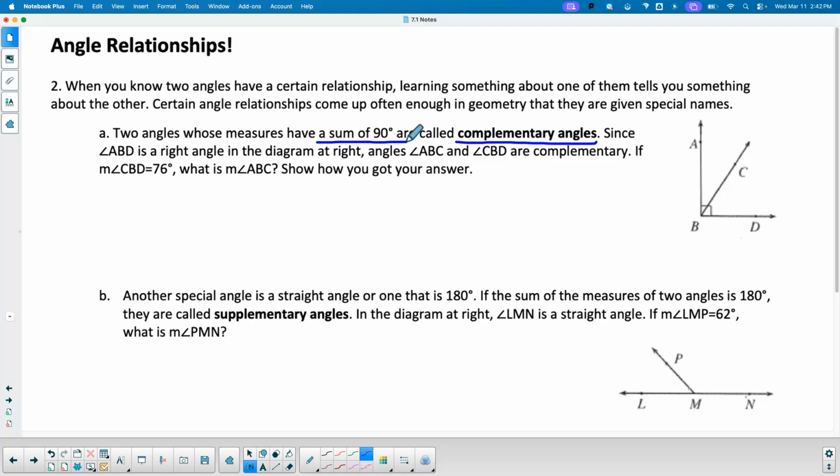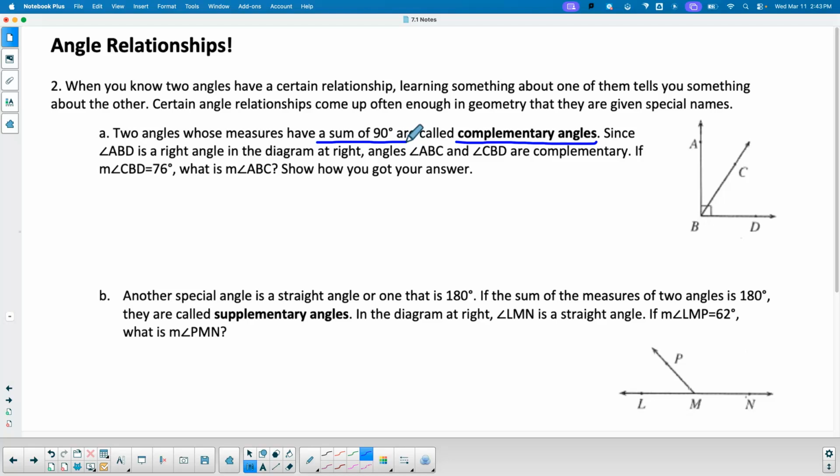It makes a corner, if you will. Angle plus angle meets 90 degrees.